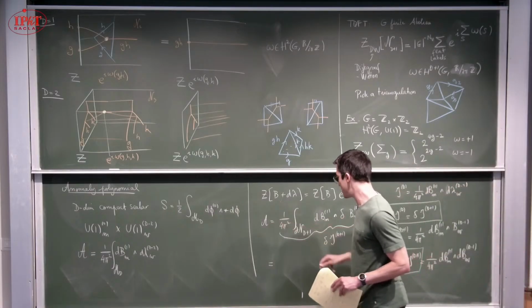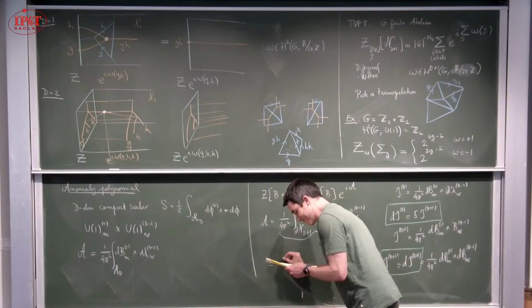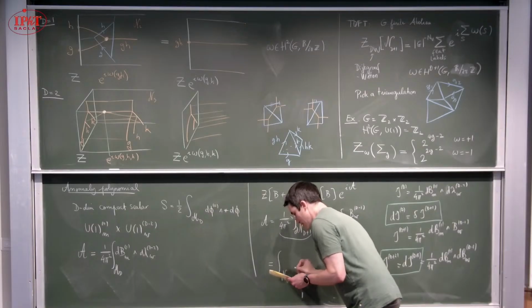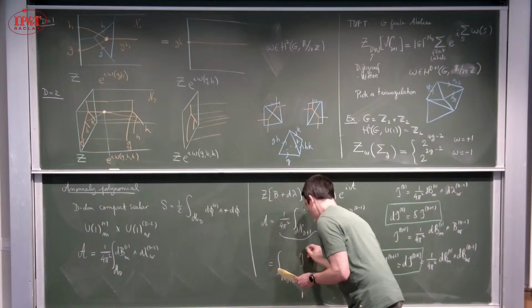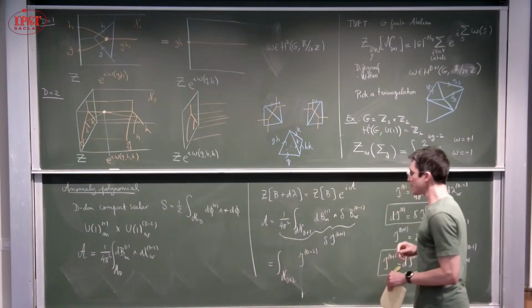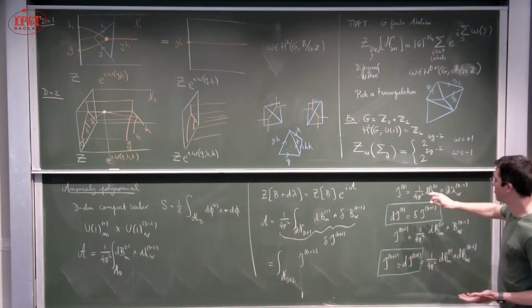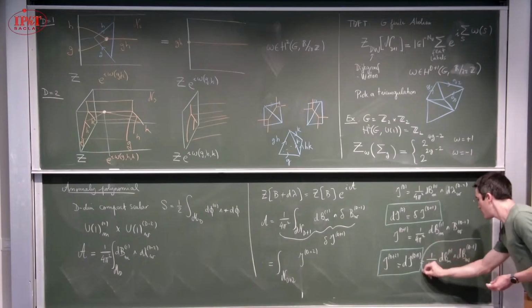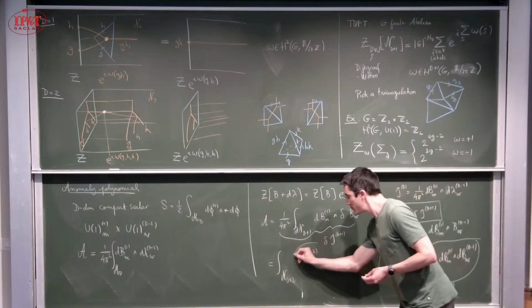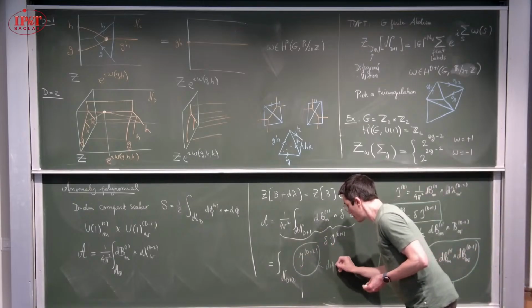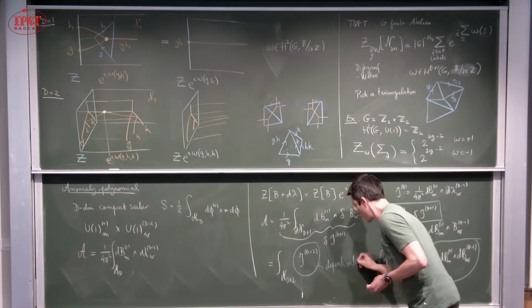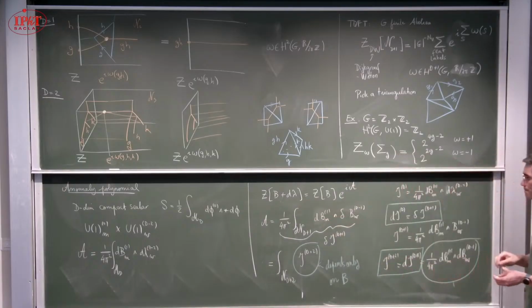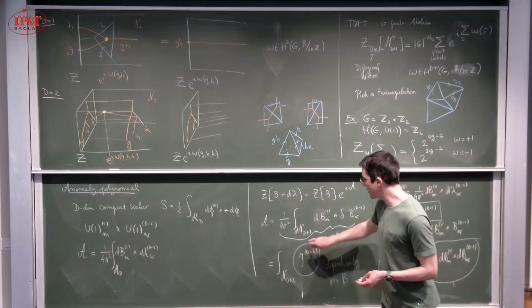So generally, if A is that, then we can write the anomaly as the integral over a d plus 2 dimensional manifold of this I d plus 2. These are, again, slightly formal manipulations. The point is that this thing depends only on B, not on d lambda. The dependence on d lambda is hidden in the boundary.